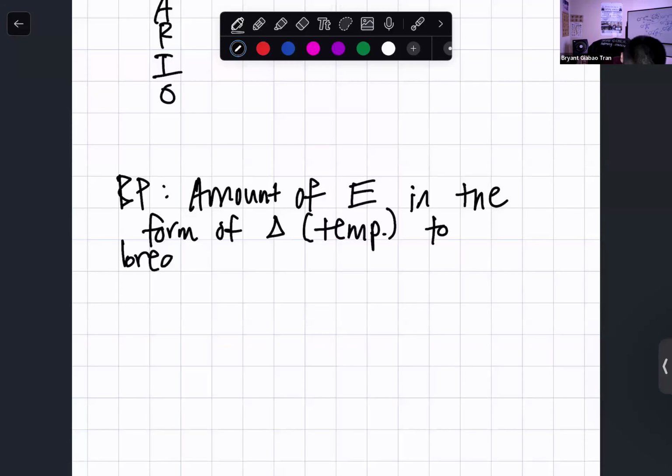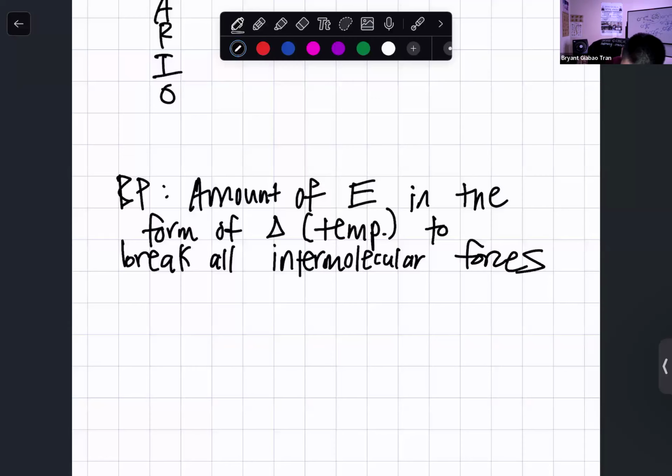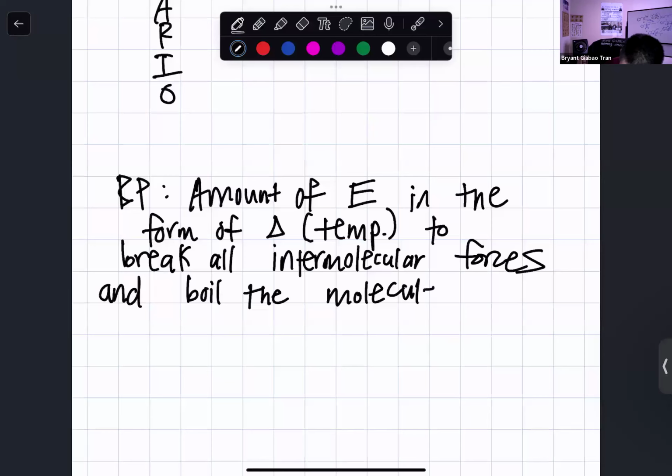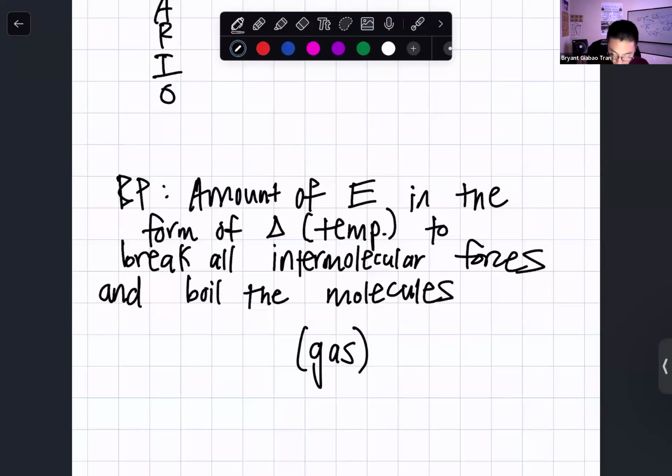To break all intermolecular forces and boil the molecule, right? Because if you break all intermolecular forces, you're gonna convert the molecule into a gas.